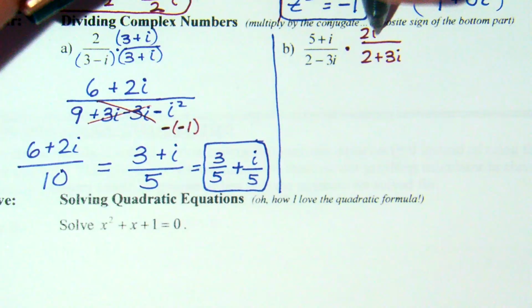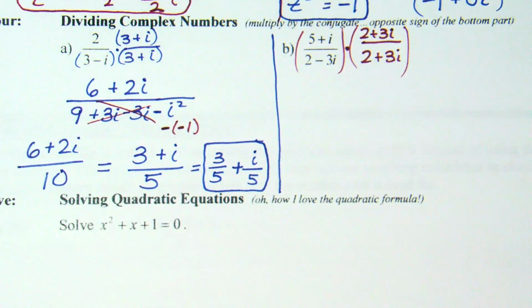But okay. FOIL with me. First, 5 times 2, 10. Outsides, 5 times 3i, 15i. Insides, i times 2, 2i. Last, i times 3i, plus 3i squared. Denominator, what am I doing?